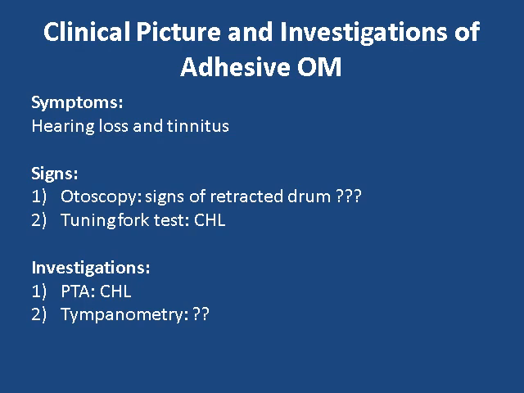But by clinical experience you can find with adhesive otitis media type AS, type C, type B tympanogram, and even sometimes you can find type A curve tympanogram, depending on the extent of the adhesions inside the middle ear cavity.